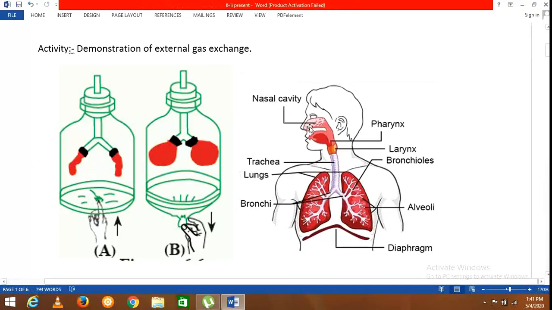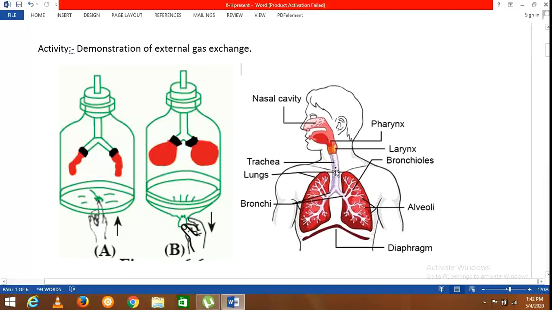These are the parts of the respiratory tract. It starts with the nasal cavity, and the buccal cavity is also open to it through this common chamber, the pharynx. Just below the pharynx there is the larynx, which we call the sound box, and this is the trachea. The trachea is made out of C-shaped incomplete cartilaginous rings.